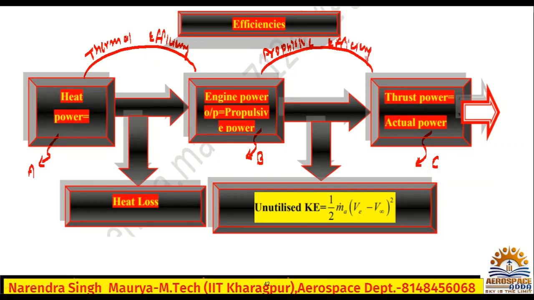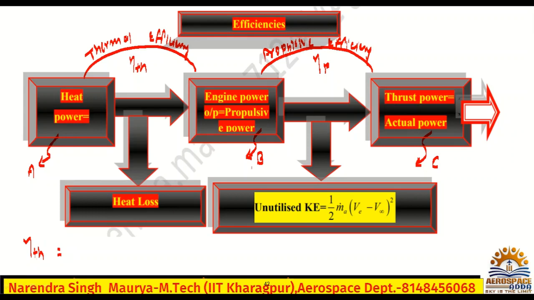propulsive efficiency. Thermal efficiency will be denoted by eta Th. Propulsive efficiency will be denoted by eta P. Now, if you want to write thermal efficiency, thermal efficiency is equal to output by input. You know, efficiency formula is output by input.